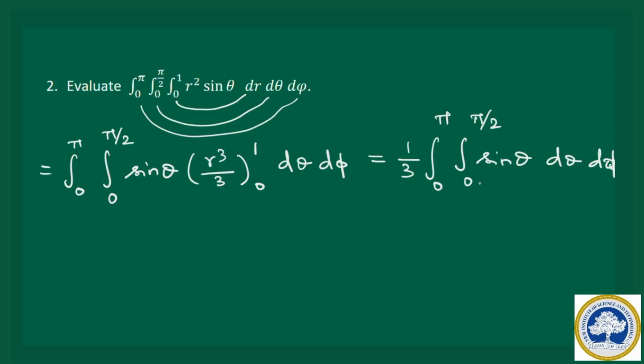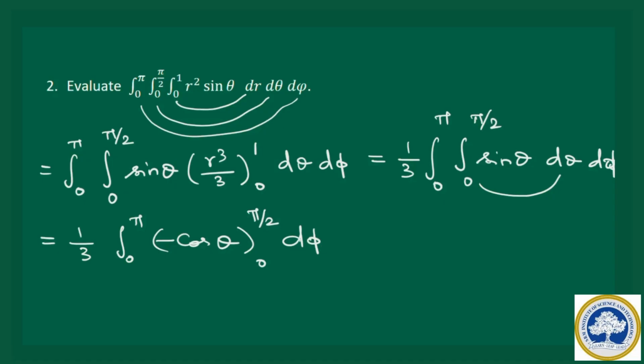Now we have to integrate with respect to theta. The integration of sine theta is minus cos theta. The limit is 0 to pi by 2, and we have to write the remaining d phi. This minus, if you want, we can take outside as minus 1 by 3, integral 0 to pi.